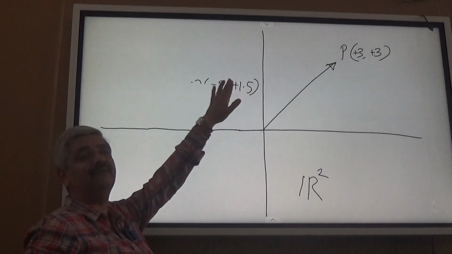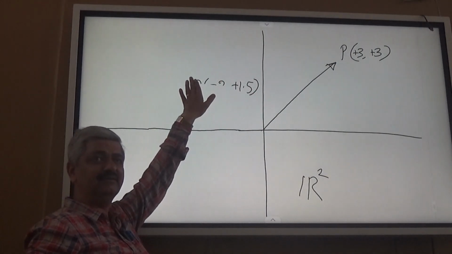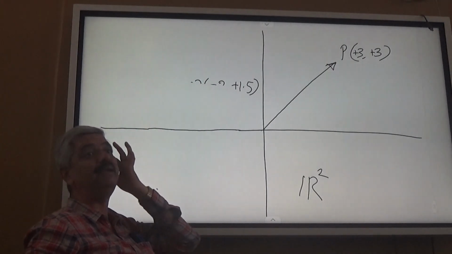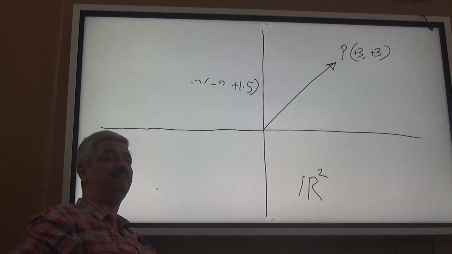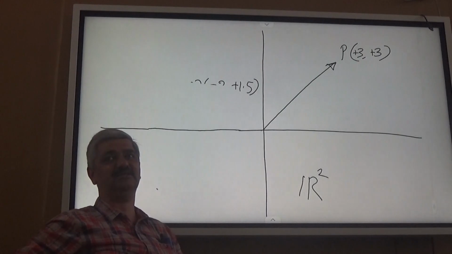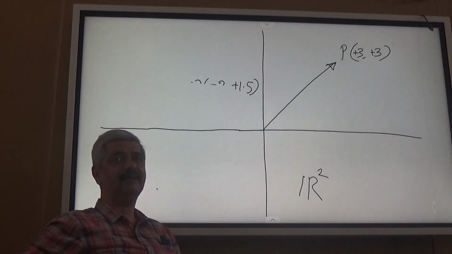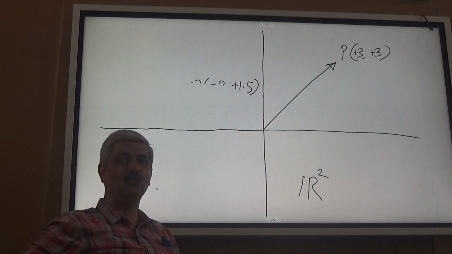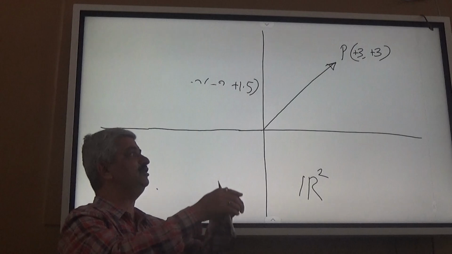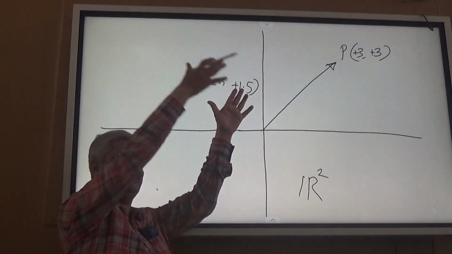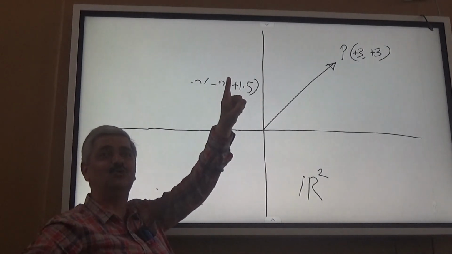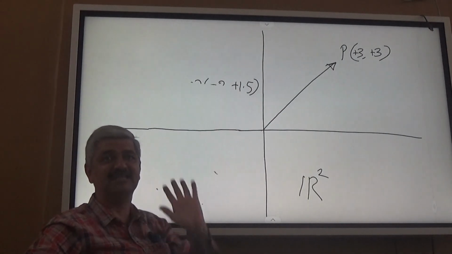A point P in the original plane gets shifted to another point P dash in the image plane. So point P there gets mapped to point P dash in my image plane.